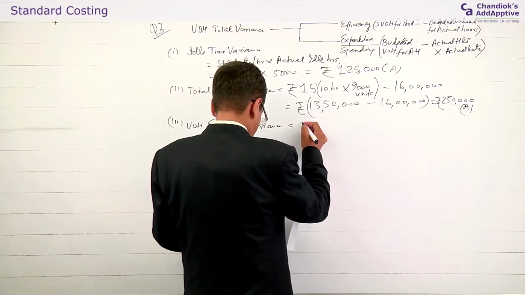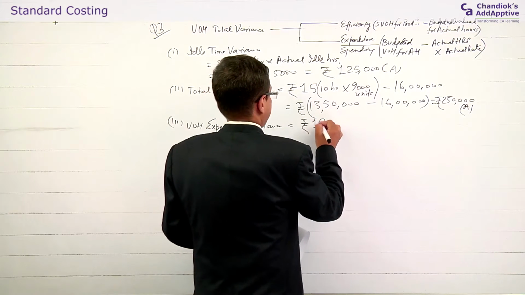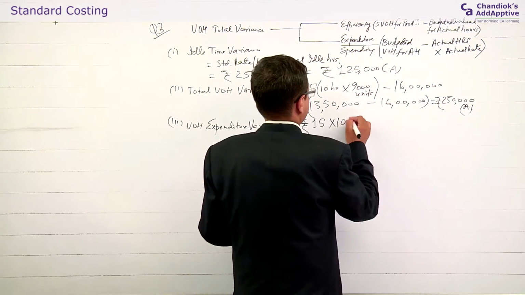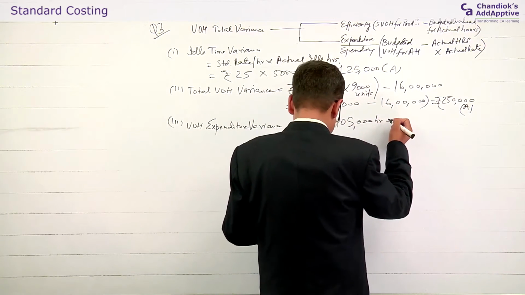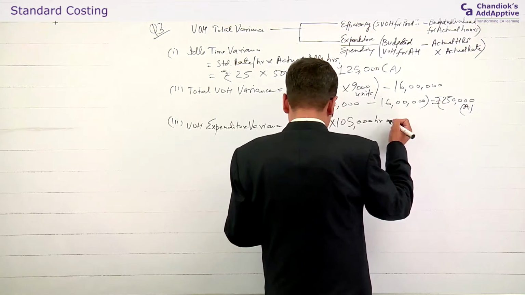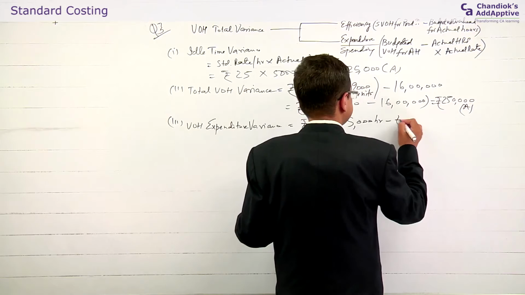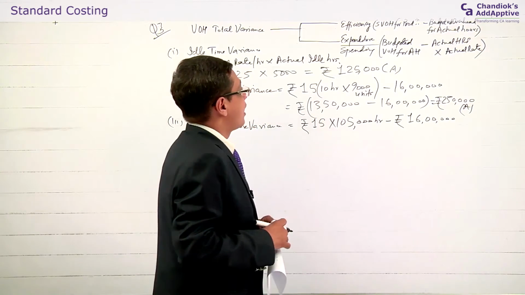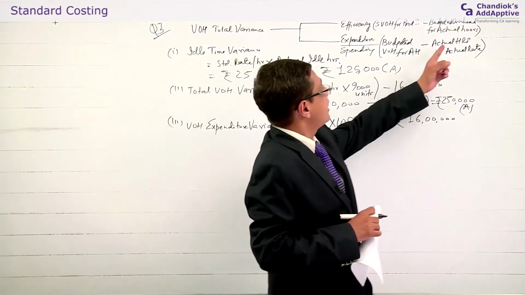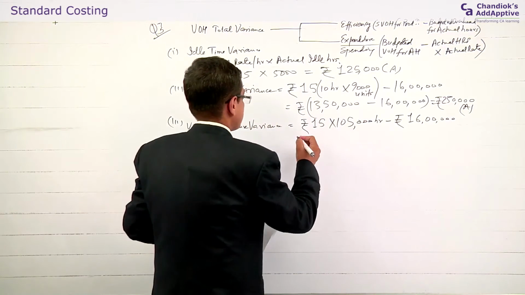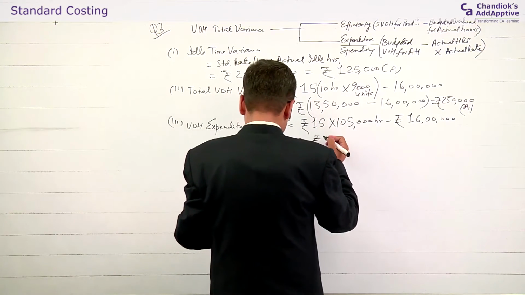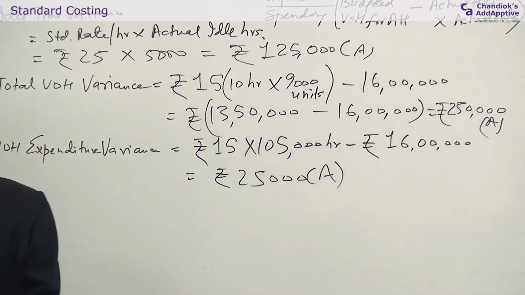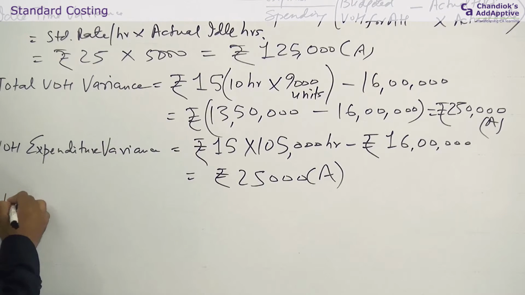So I am going to solve this: rupees 15 multiplied with respect to 1,05,000 hours minus rupees 16 lakh, which is again the actual value, a combination of the related actual hour and actual rate. So if you solve it, this comes at rupees 25,000 adverse.